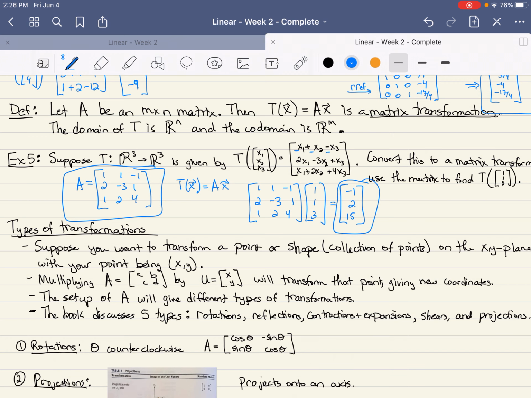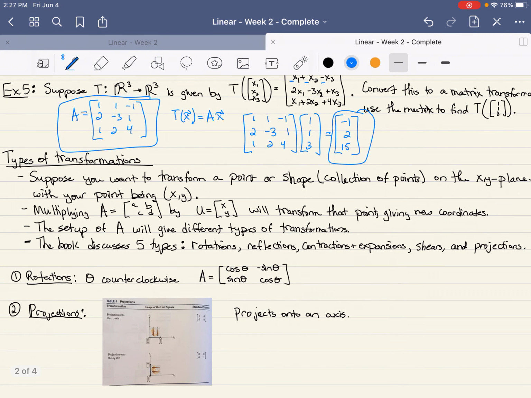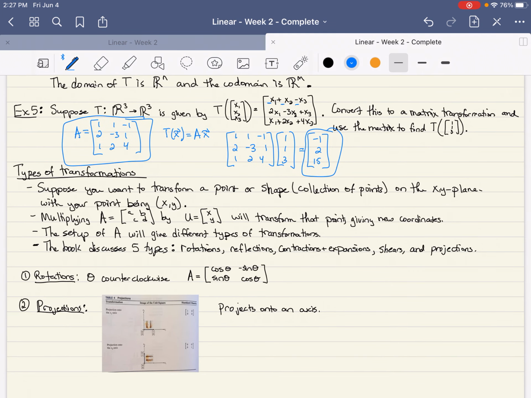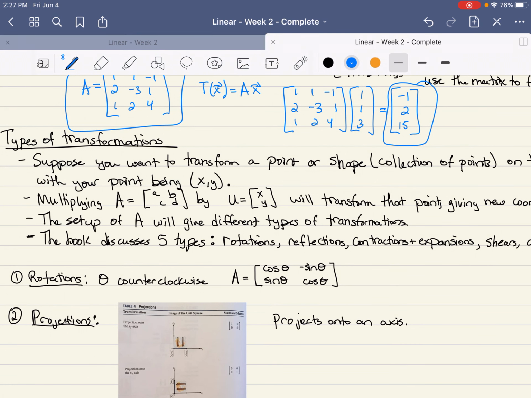Now, they introduced these here because there is a geometric application to this. Suppose you want to transform a point or a shape, which we're going to consider a collection of points, on the xy plane. If you want to do just an individual point x, y, you're going to take some matrix A, and we'll talk about what you use in a second.